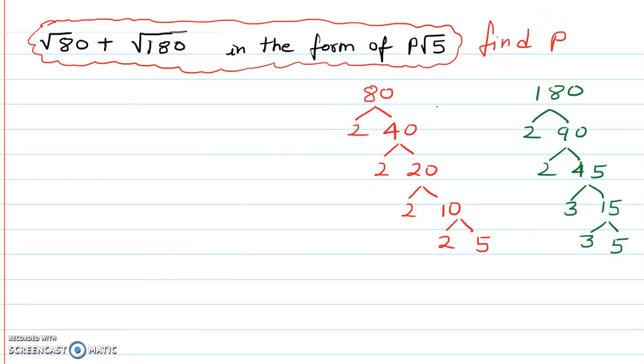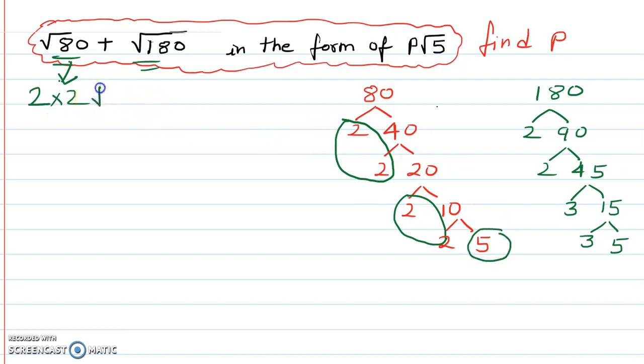And the last question, you need to simplify root 80 and root 180. So I have already done the prime factors. So for root 80, as you have seen in my first video, we do pairing. So for this pair you can write down 2, we are doing this one. Okay, for this pair you can write down another 2, and this 5 is crying, it is unpaired, so let's write it with root 5.